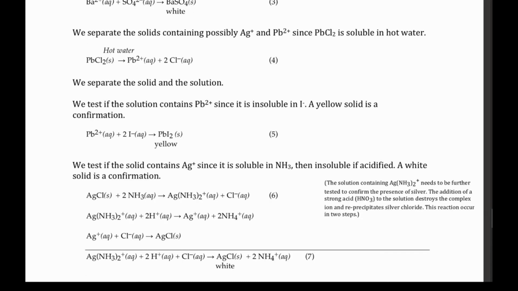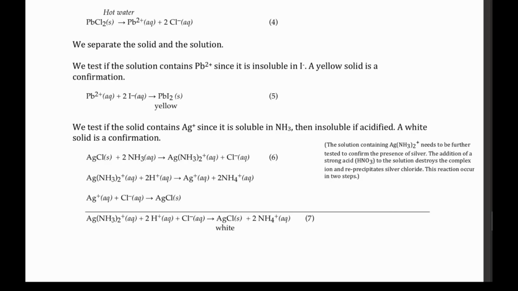The lead chloride would dissolve according to reaction 4, and we would separate the solid, which is the silver chloride, from the liquid solution, which contains the Pb2+. Then to test for sure that the Pb2+ is in the liquid part, we would add iodide, like sodium iodide, to it, because the lead forms a yellow solid as given by reaction number 5.